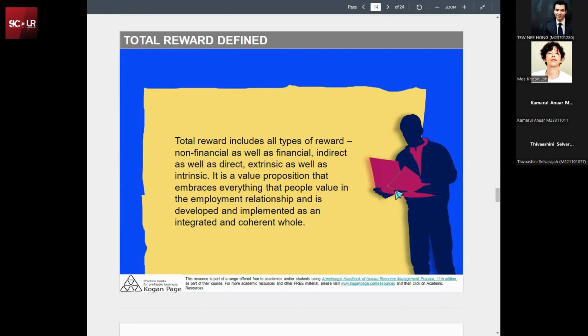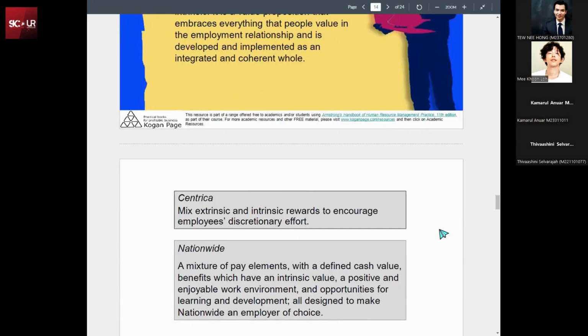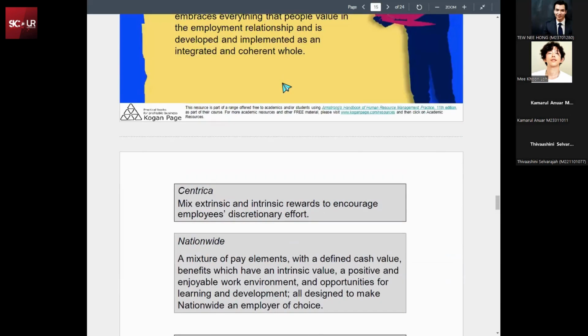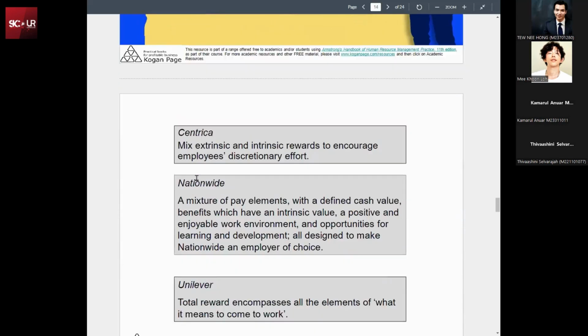The value proposition is to embrace, what they want to propose, everything that people value in the employment relationship, developed and implemented as an integrated and coherent whole. Okay, overall. This one is more on the definition of total reward within the company.